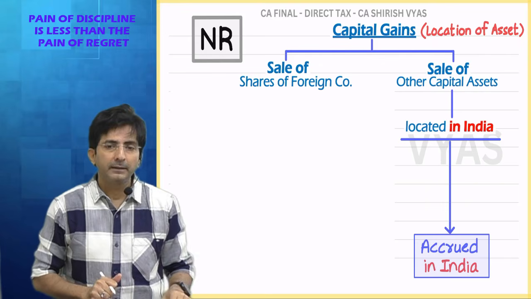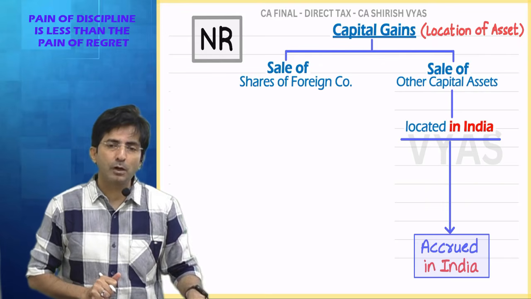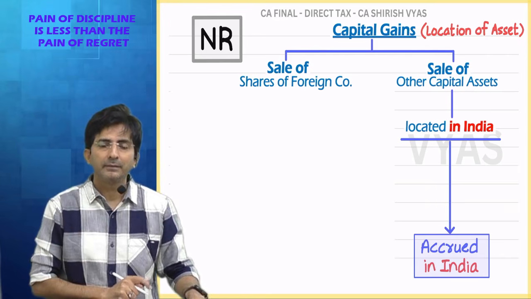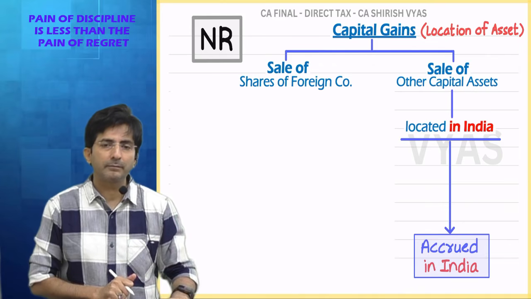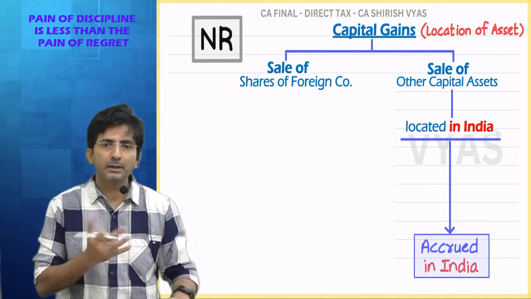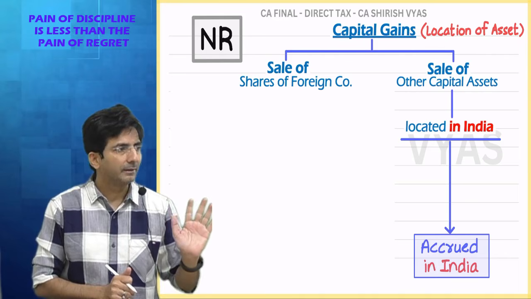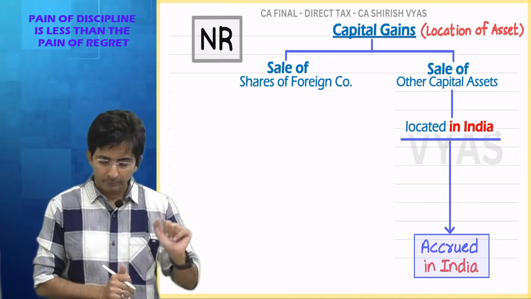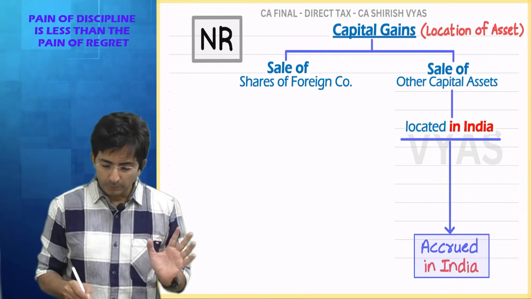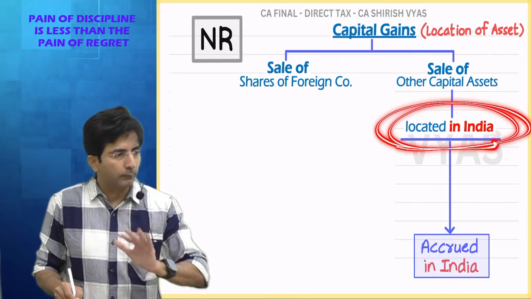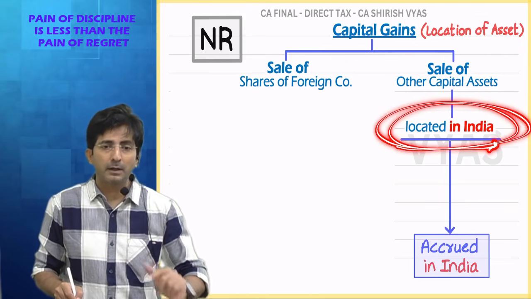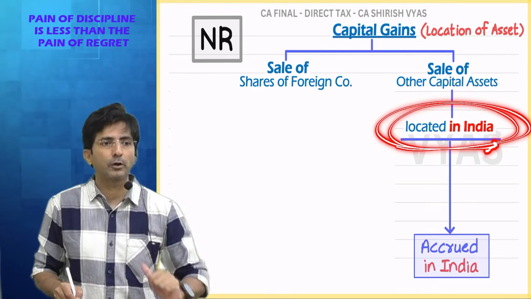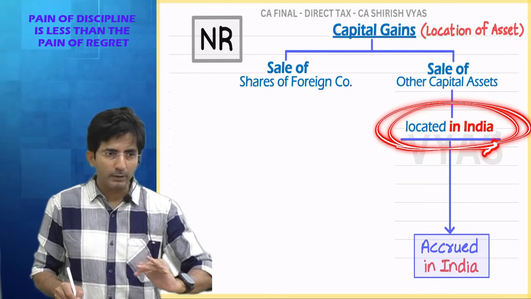If an NR sells bonds of an Indian company, the asset is located in India. If he sells bonds of a German company, the bonds are located outside India, so capital gains accrued outside India. In short, location is generally the physical location, but for securities, location depends upon the company of which they are securities. If it is an Indian company's security, then it is located in India.